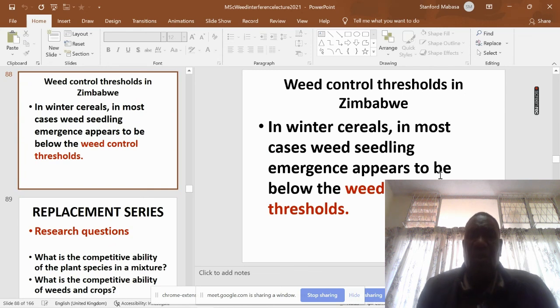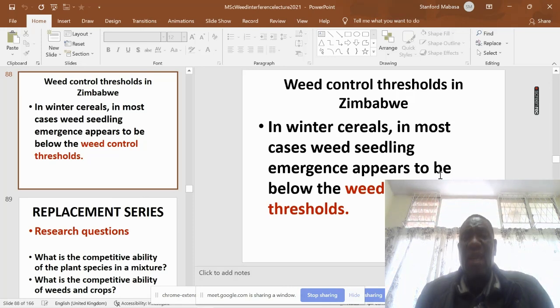Now, weed control thresholds in Zimbabwe: in winter cereals, in most cases, weed seedling emergence appears to be below weed control thresholds. In other words, farmers may actually avoid weed control in wheat.